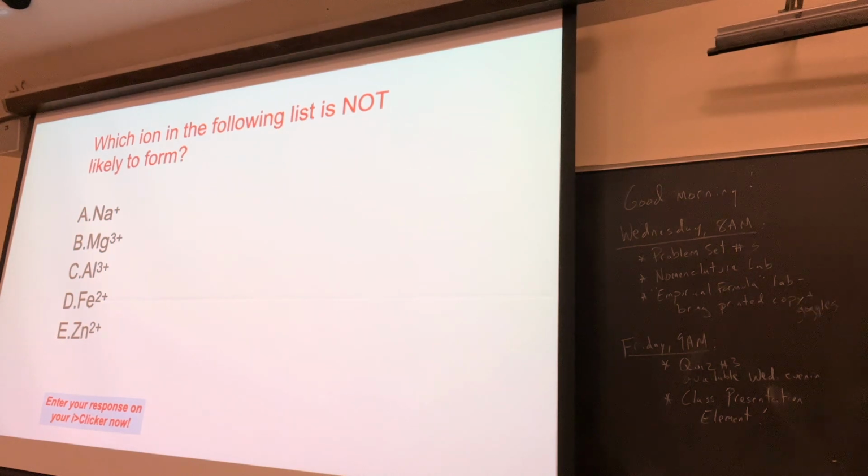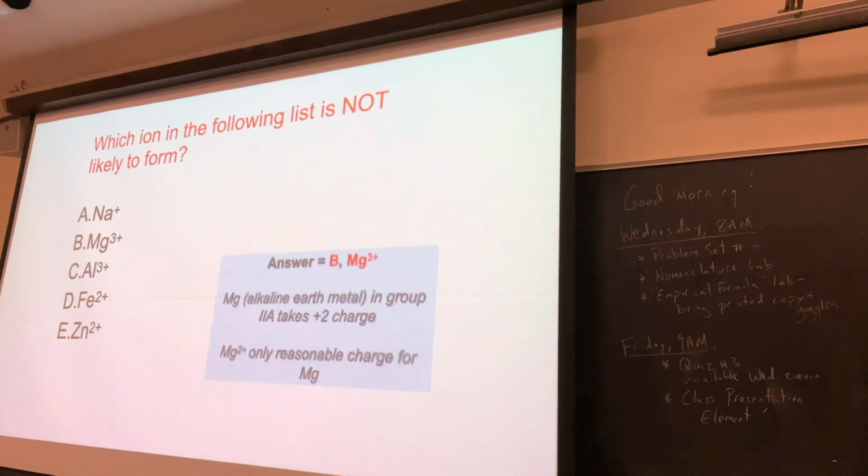Now iron is a variable charge metal, and that one's going to be harder to predict, but it should be positive, and that doesn't seem out of control because it could be positive 3 or it could be positive 2. It doesn't seem that it won't form. But what's wrong with magnesium right there? Exactly. It's in the positive 2 column.